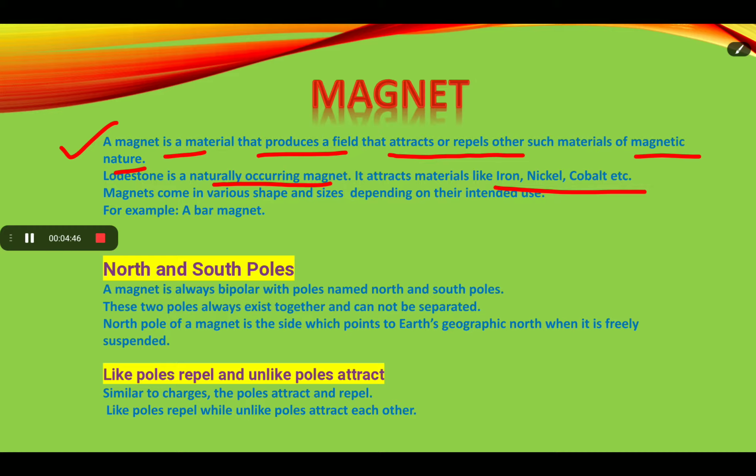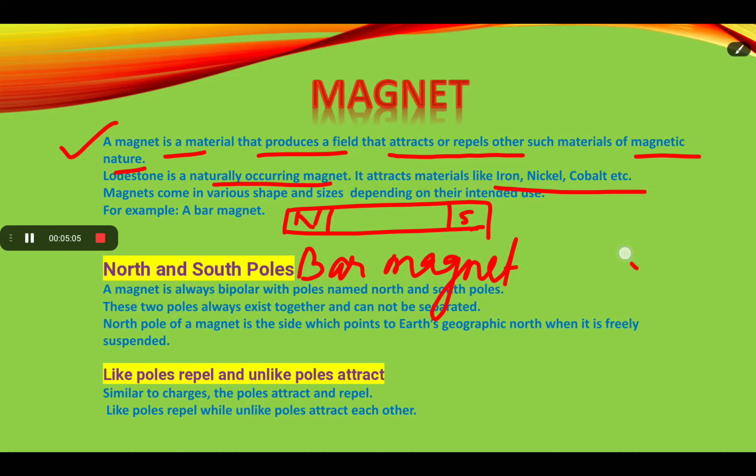You already know that there are different shapes of magnets. This is called a bar magnet.